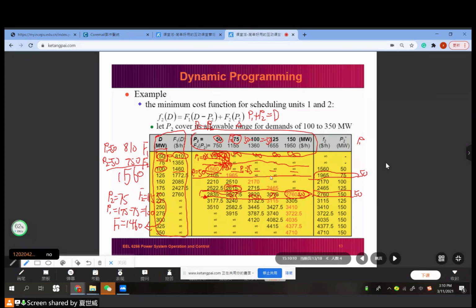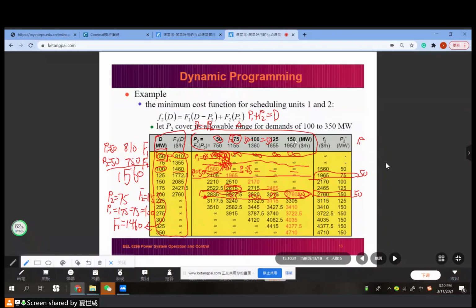It's very simple. You should calculate this table based on the input output curve of P1 and P2. You have many solutions to support a total load of 200. For example, 1 solution, 2, 3, 4, 5 solutions, and you found the best solution is this.